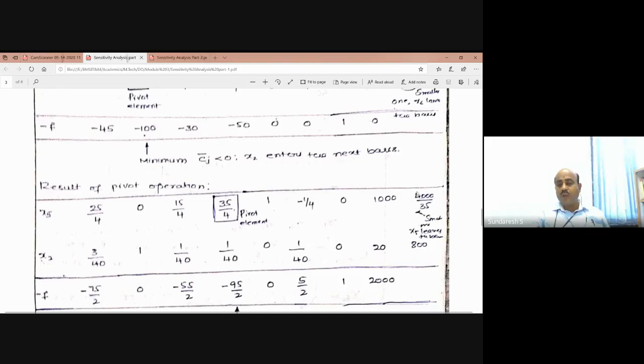So how to calculate that? We have to calculate the last column, the ratio Bi by Ais. Bi here is 1000, divided by the corresponding pivot column element, which is 35 by 4.